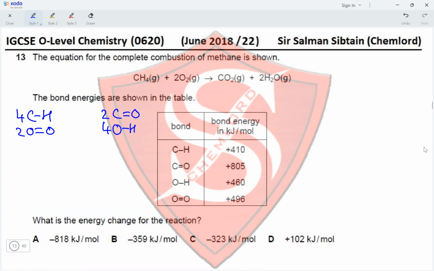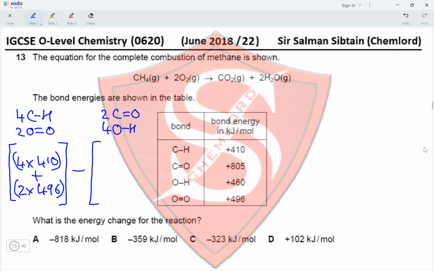So the bonds of the reactants which are broken would have an energy change of 4 into 410 plus 2 into 496. This would be the energy required to break the bonds. And we subtract from this the energy given off when bonds are formed.